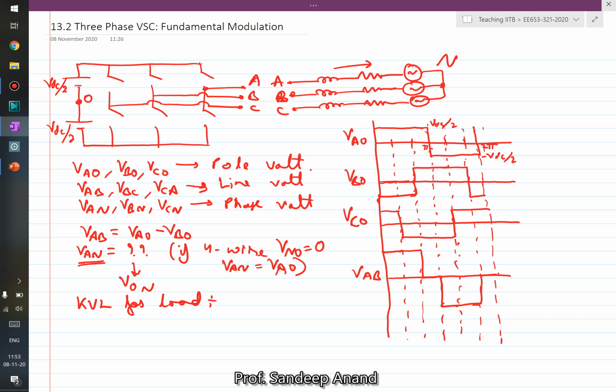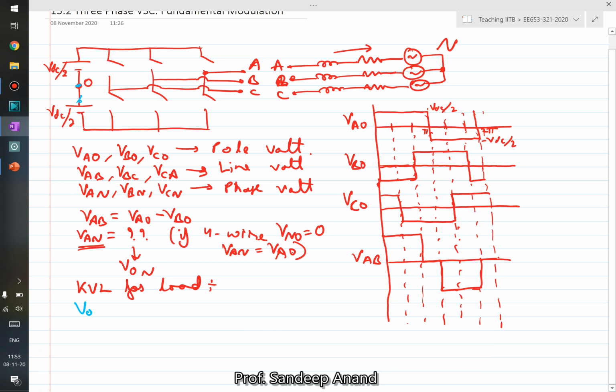Starting from point O, VO plus VAO, so I have reached point A, these are shorted obviously, A to A, B to B and C to C, minus L dIa by dt minus Ia into R, this is R, this is L, and let me call this one V small a, minus V small a is equal to VN.